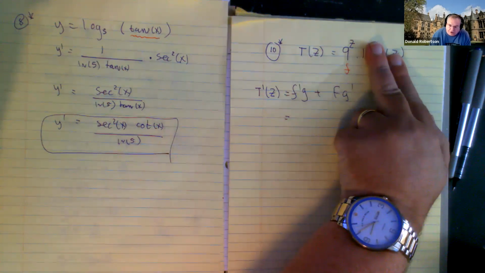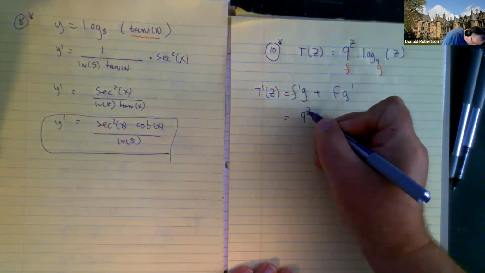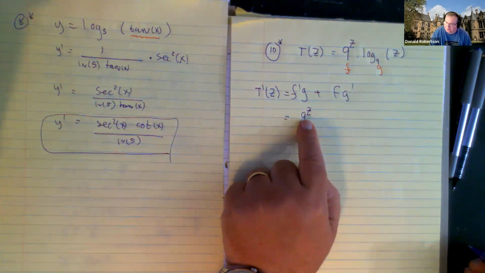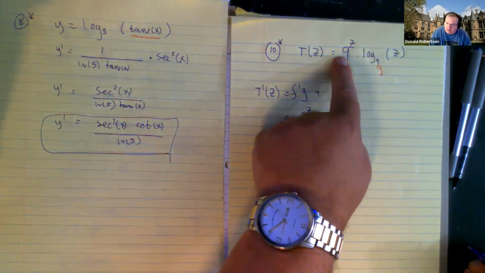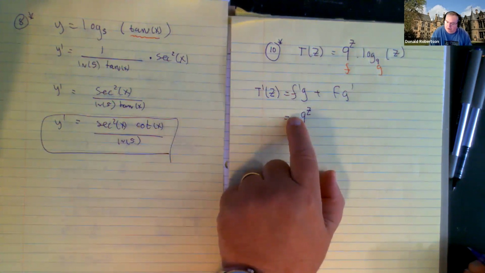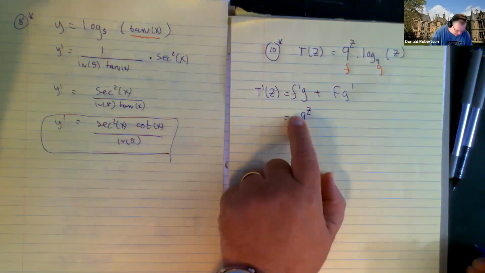Now, if you differentiate 9 to the power of z, you do get 9 to the power of z, but don't you get something else because it's not e to the z? If you differentiate 9 to the power of z, you get 9 to the power of z, but what goes here? What funny number goes here? Natural log 9.